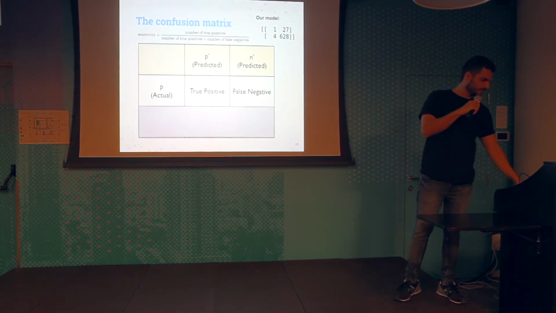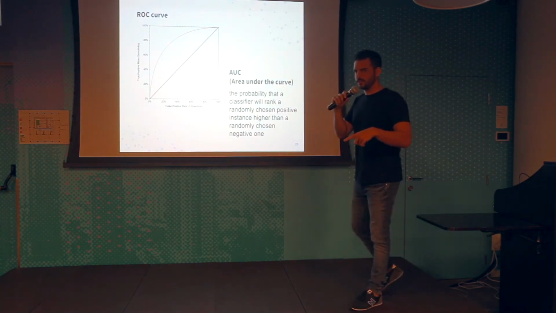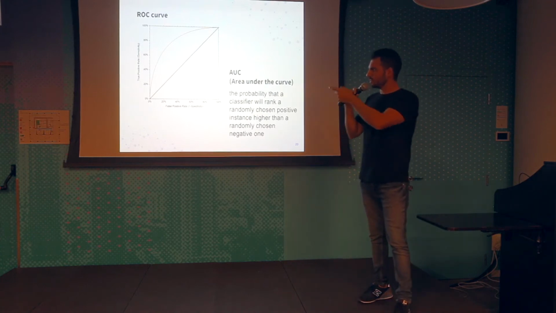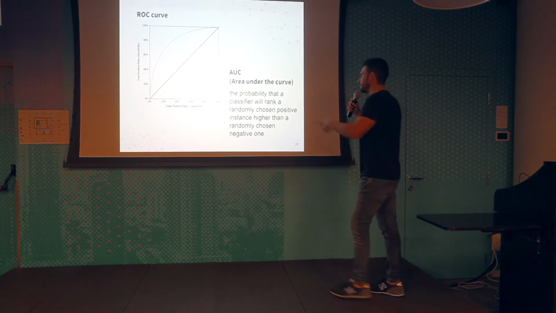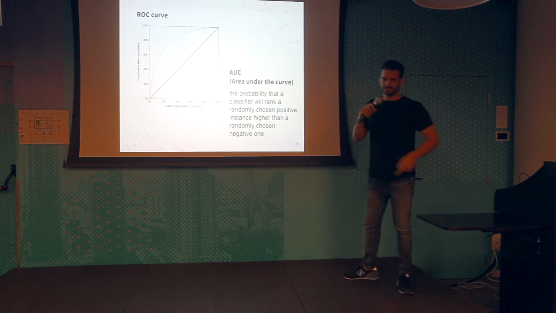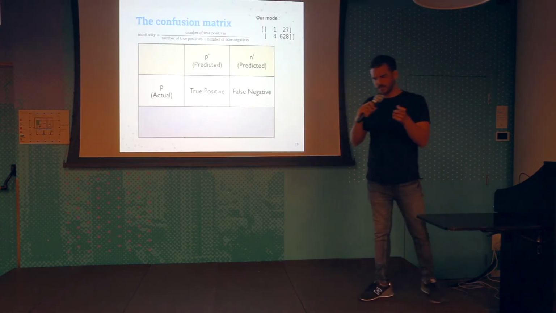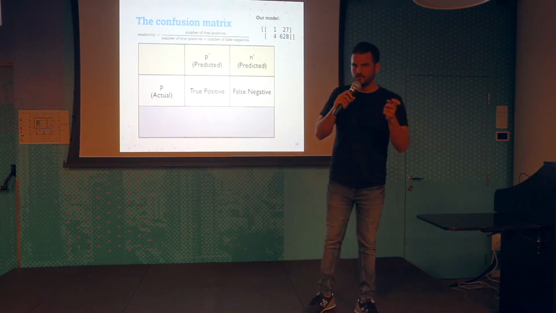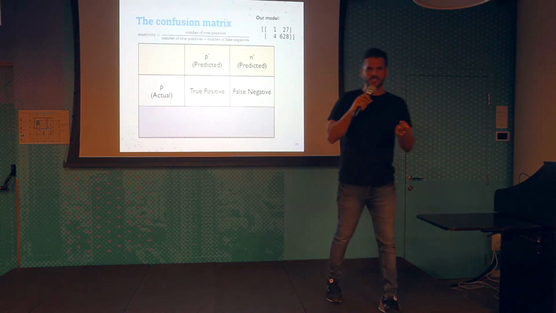I'm not going to go into too much detail here, but these two can be plotted against each other to create the ROC curve, and we can calculate the area under the curve and get the AUC metric, which is better. I just want to emphasize one point: you can never have a classifier that fools you like it does with accuracy, with sensitivity and specificity. And why is that?